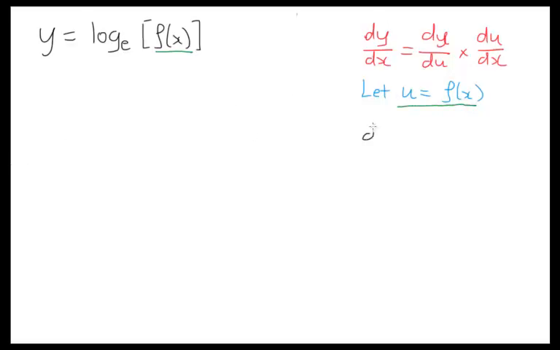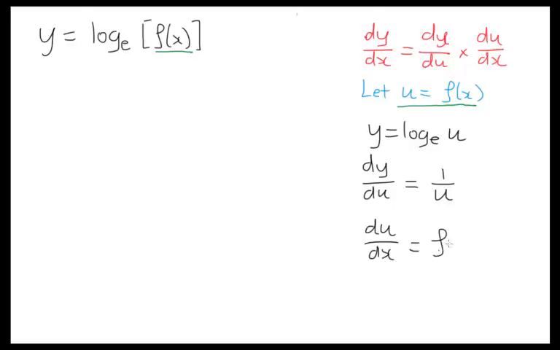So once again, y is going to equal log base e of u, which means the derivative dy over du is once again going to be 1 over u. Now, as for du over dx, since we don't know what f of x is, we're just simply going to write f dash x, so the derivative of whatever f of x is.